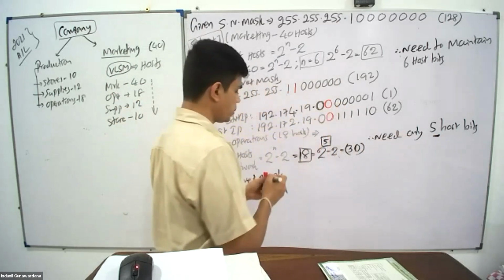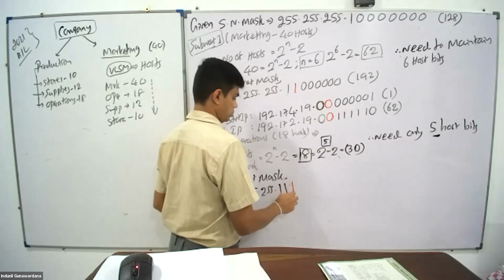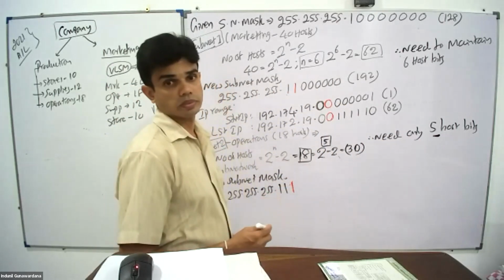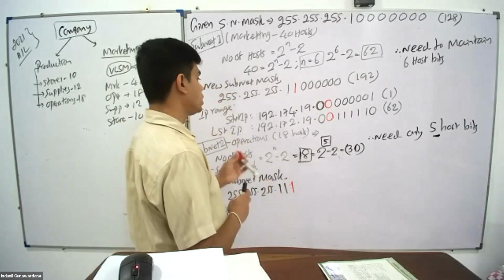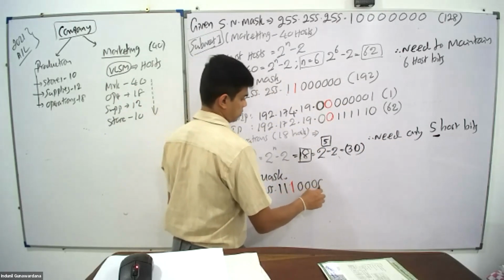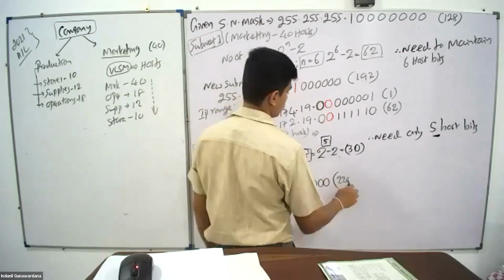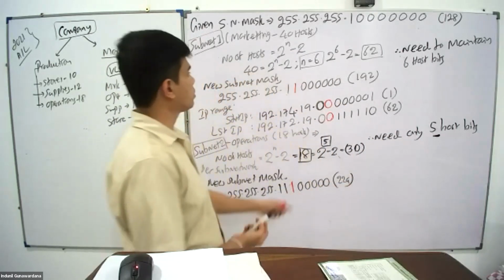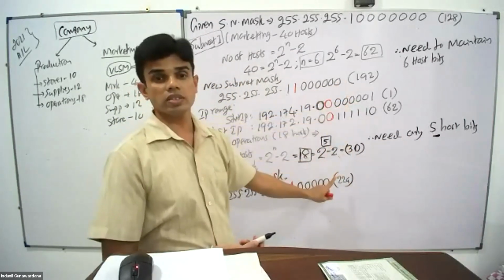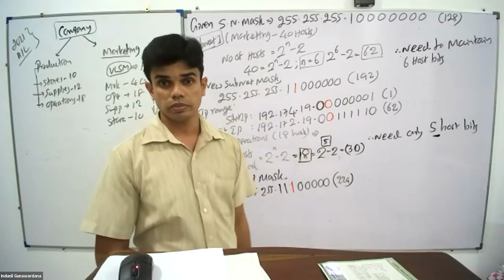To maintain 5 host bits, I want to add another one, then it will complete 5 zeros. Then in decimal that is going to be 224. Earlier our subnet mask was 192. Now I have subnetted that for the new requirement.